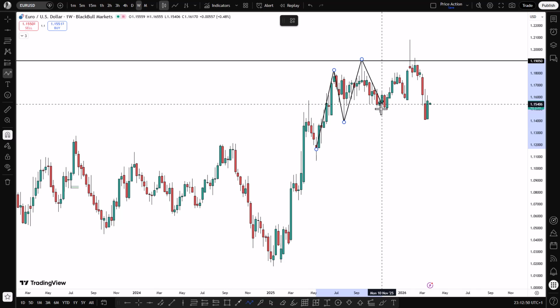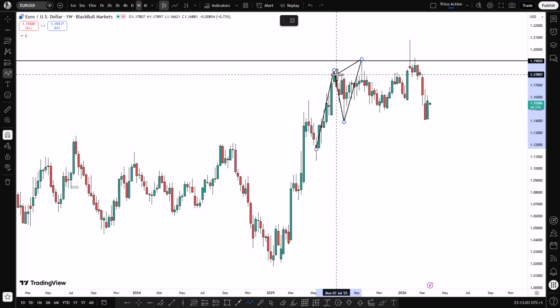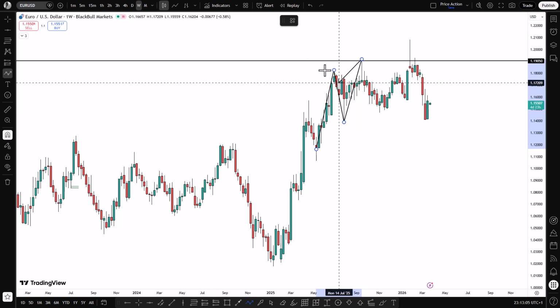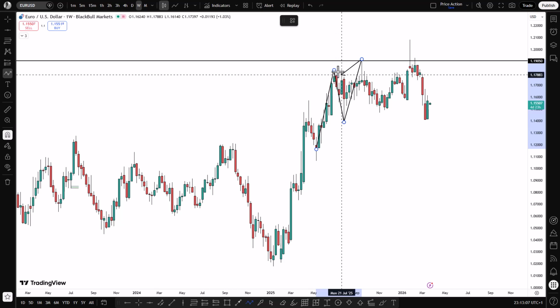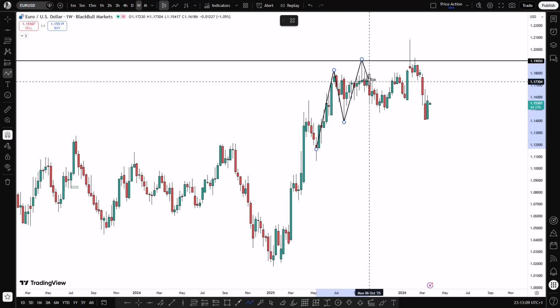Price is struggling to continue that uptrend. Okay, because ideally in a strong uptrending market, price is supposed to continue forming higher highs and higher lows, but nothing lasts forever. So as we started seeing these wicks in and around the previous resistance area, this would have been our first warning sign.